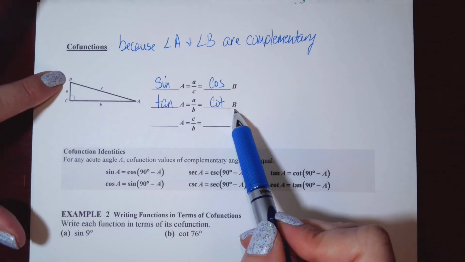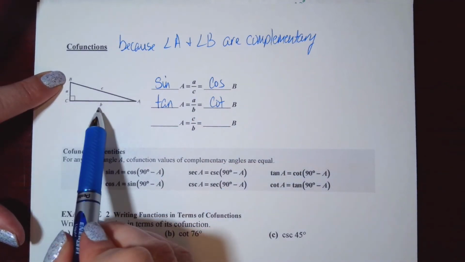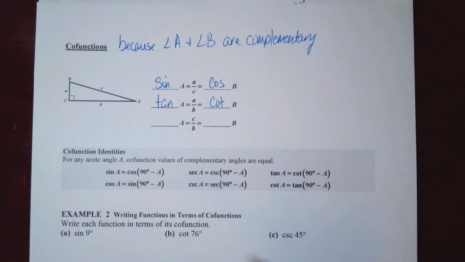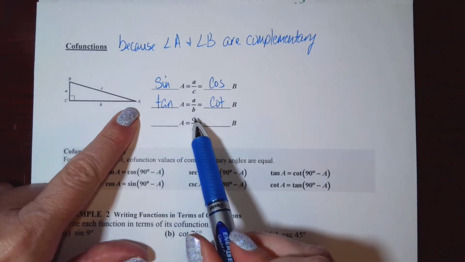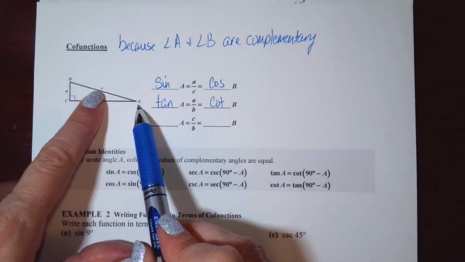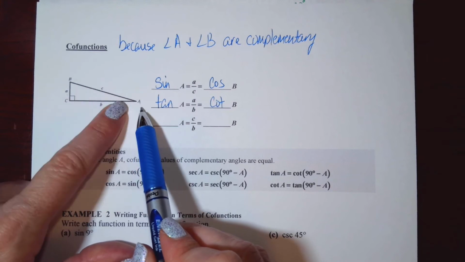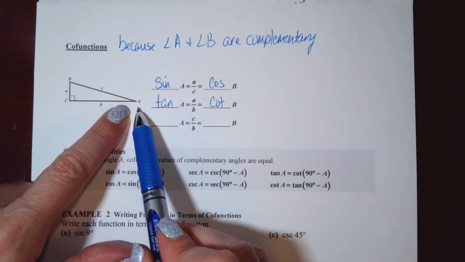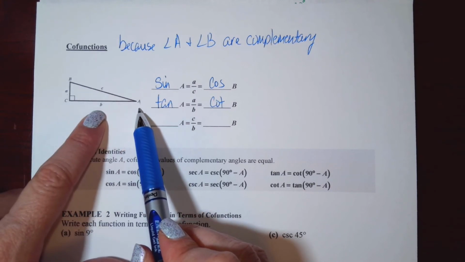Where I have angle B, A over B is adjacent over opposite. If I'm focusing on angle A and I have C over B, C is hypotenuse over adjacent.